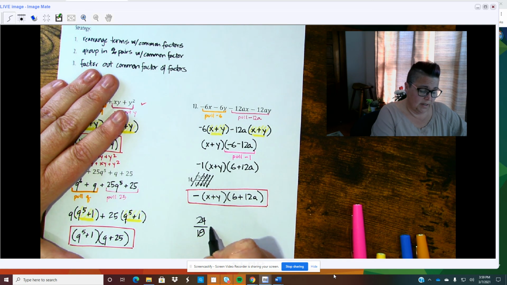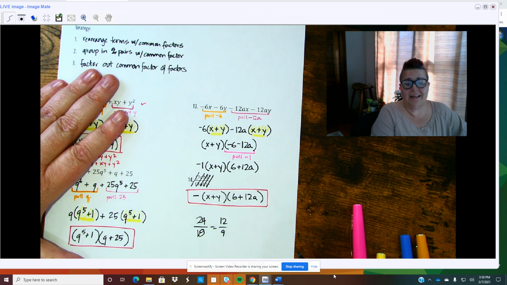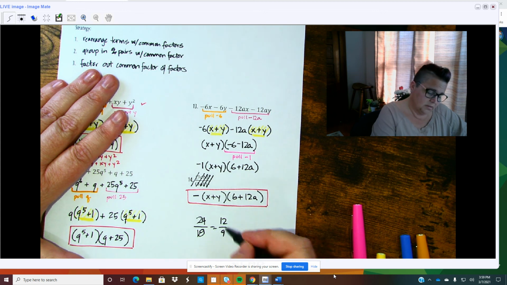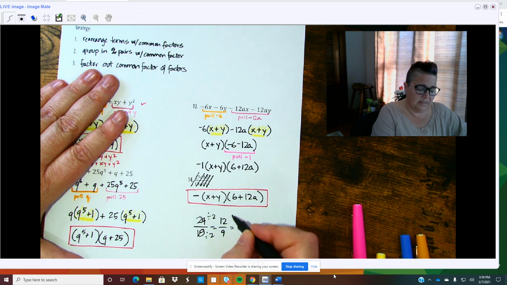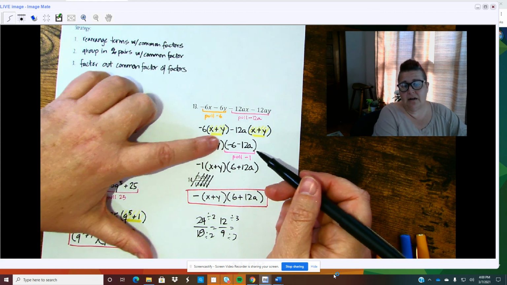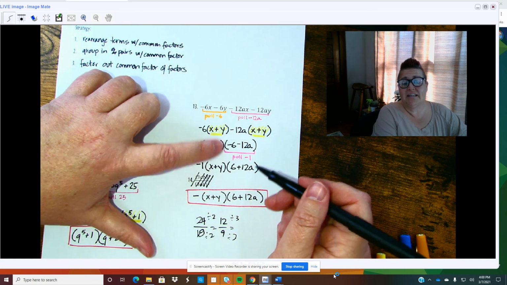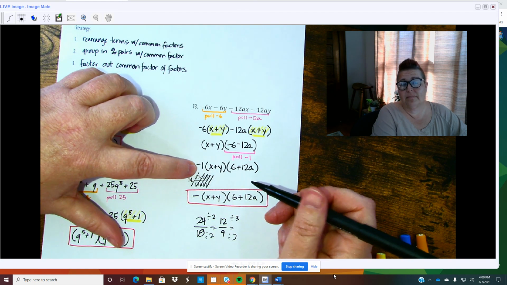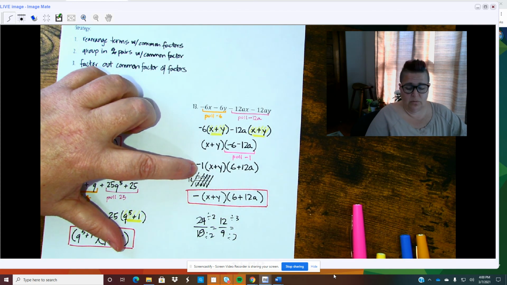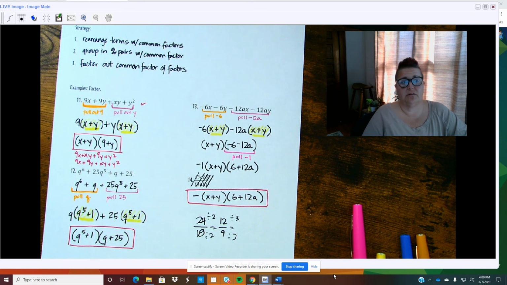And let's say you recognize right away that those are both divisible by 2, and you get 12 over 9, and then you think, oh yeah, they're also both divisible by 3. So even though we only divided by 2 in the first step, we can still do a second step and divide by 3. So in this case, I thought I had it all factored out, and I didn't. So I just needed to do it one more time, remembering to put the negative. You don't have to do it in one fell swoop. You can do it in steps, and you will still get to the right answer.